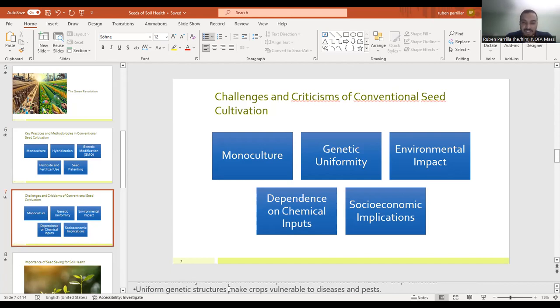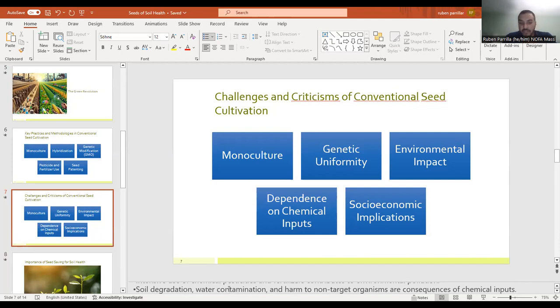Again, and this is something that we'll discuss again and again and again, it's the increase of diseases and pests during these practices as well. Again, diverse genetic backgrounds provide resilience and adaptability to changing environmental conditions, and the excessive use of fertilizers and pesticides also contribute to the environmental pollution, such as eutrophication and contamination of our bodies of water.